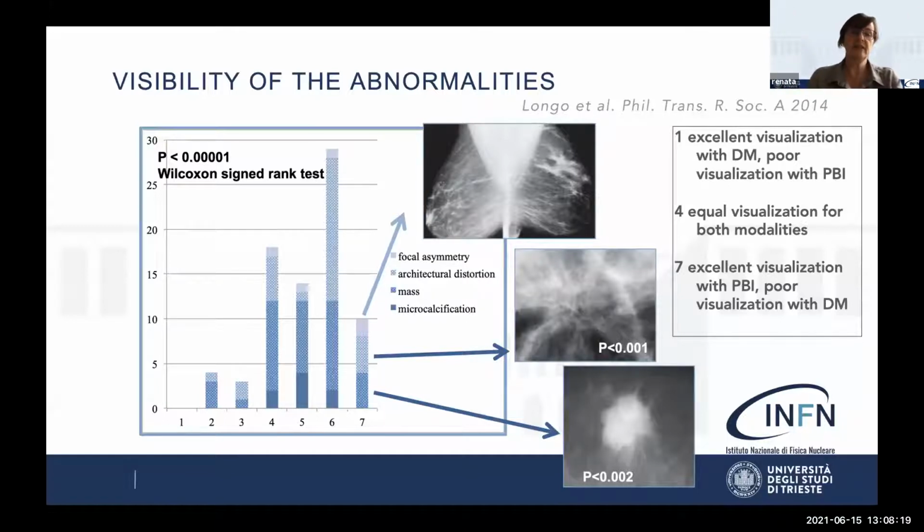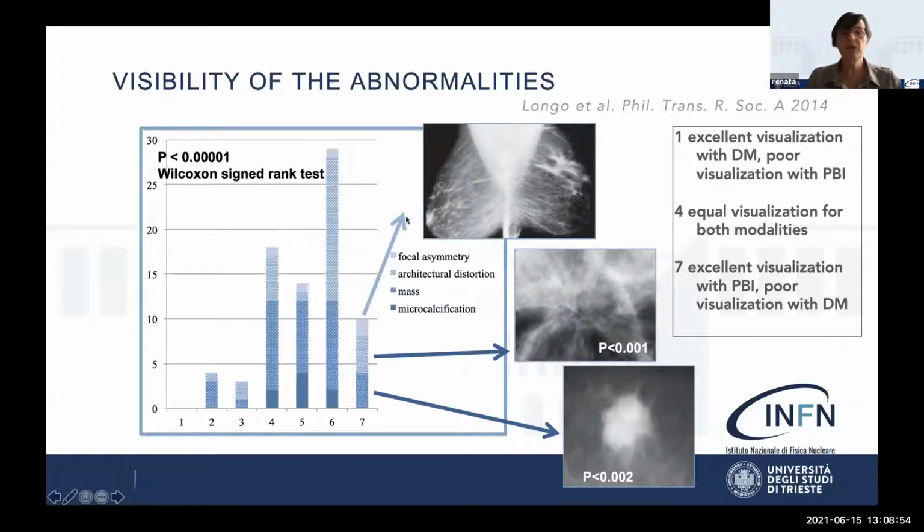The score is 1 if excellent visualization in digital mammography and poor visualization with propagation-based imaging. 4 means equal visualization for both modalities, and 7 means excellent visualization with propagation-based imaging, poor visualization with digital mammography. We demonstrate that propagation-based imaging gives significantly better visibility of abnormalities.